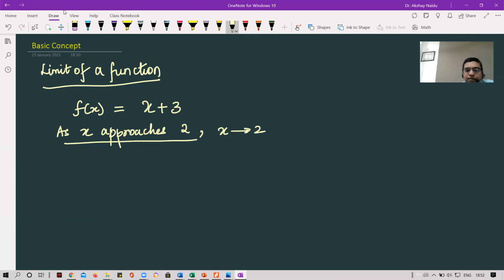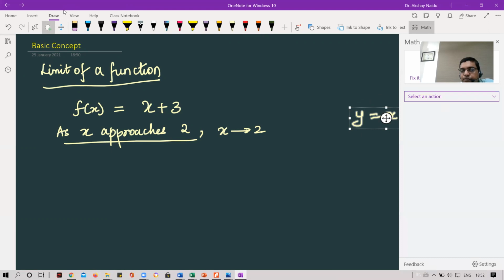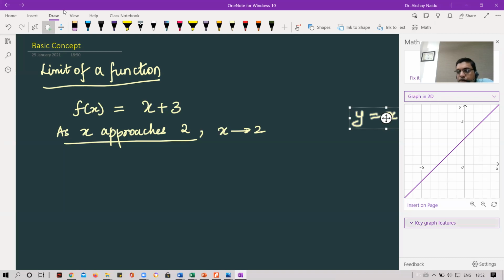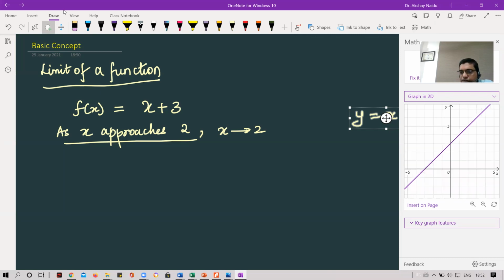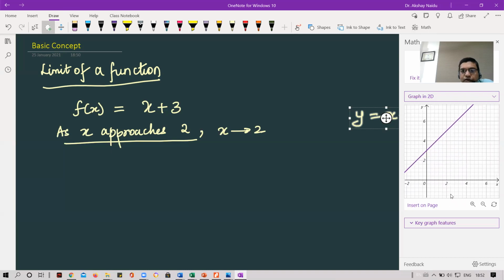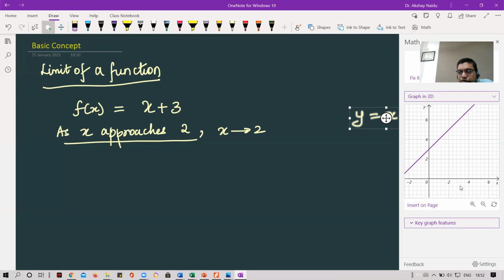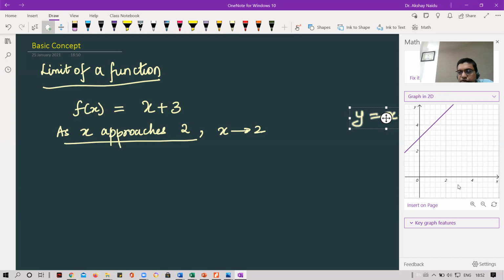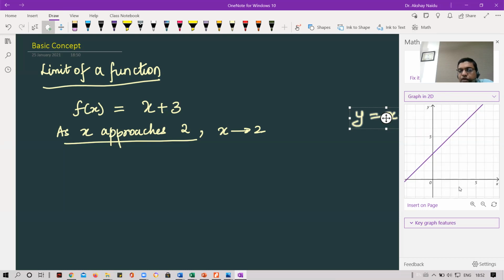Now look at this graph. We will plot this graph, and I'll write y equal to x plus 3. We want x tending to 2.